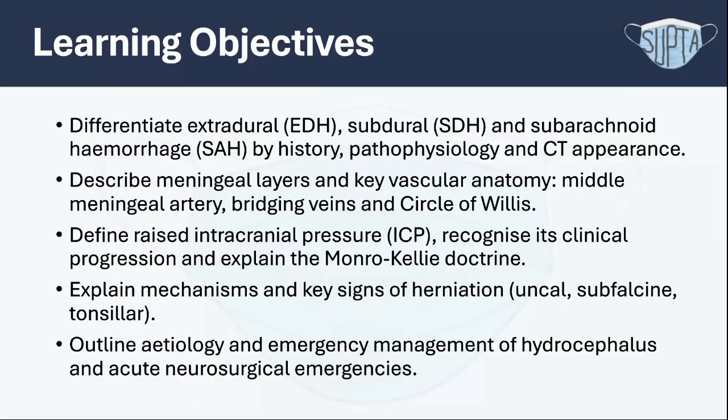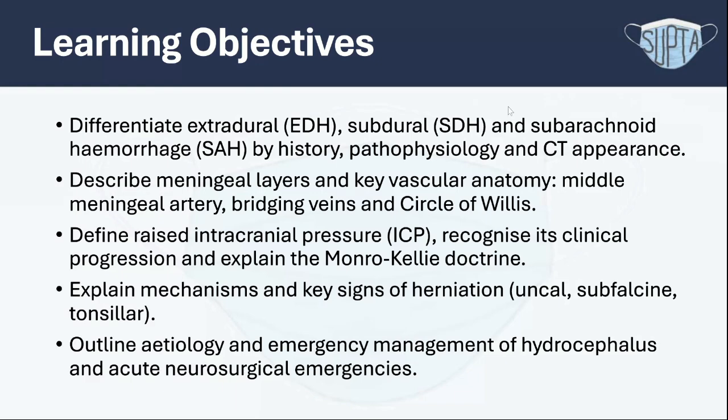Define raised intracranial pressure, recognize its clinical progression and explain the Monroe-Kellie doctrine, something you'll probably have heard in your neurosurgery attachments. Explain the mechanisms and key signs of herniation, whether uncal, subfalcine, or tonsillar. There's also central herniation, but I'm not really going to talk about that. And outline the etiology and emergency management of hydrocephalus and acute neurosurgical emergencies.